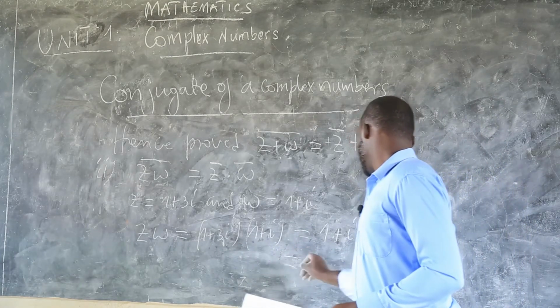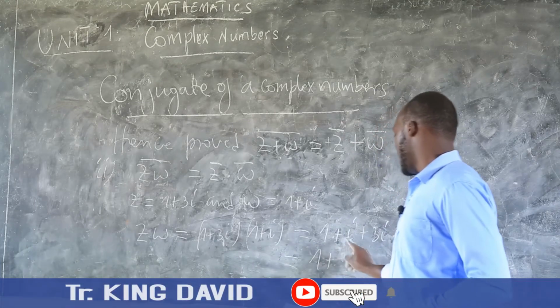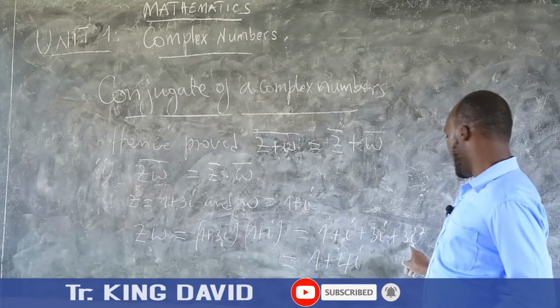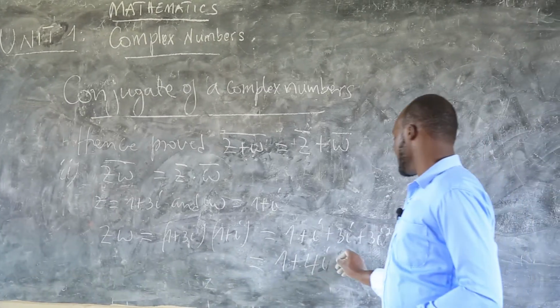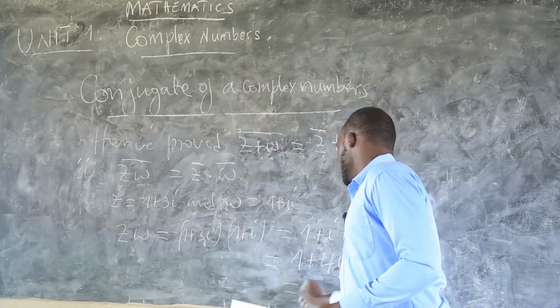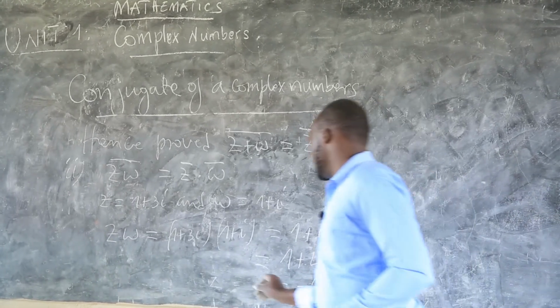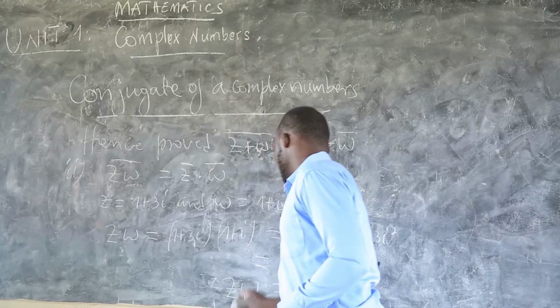So which is 1 plus i plus 3i, that is 4i. i squared is negative 1, that is negative 3. So which is negative 2 plus 4i. So this is our ZW.